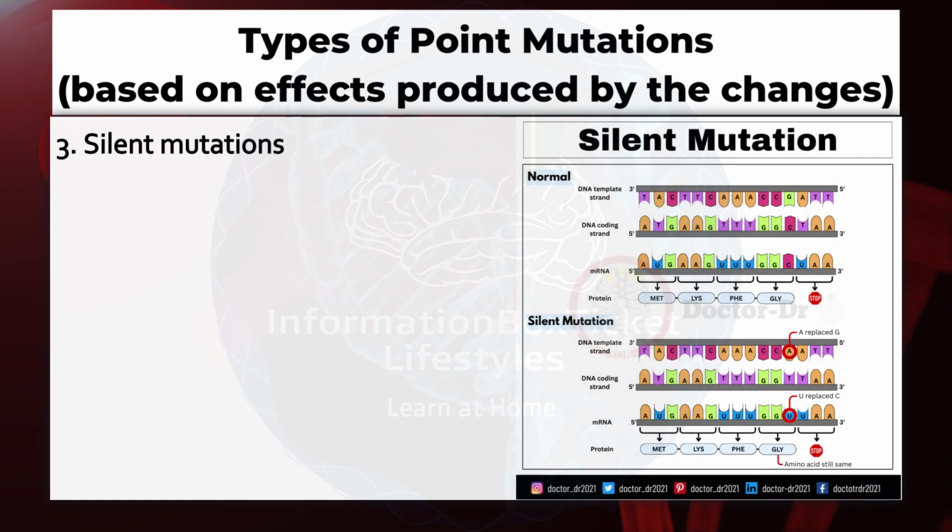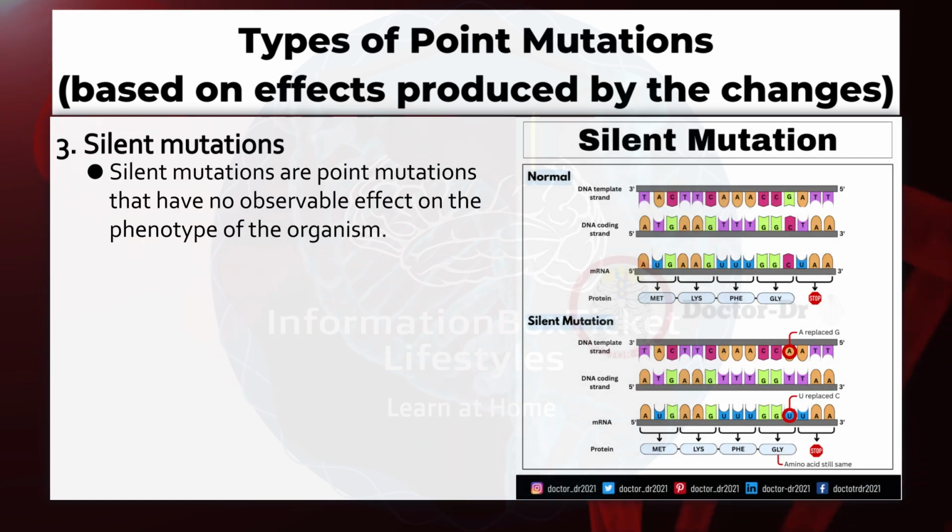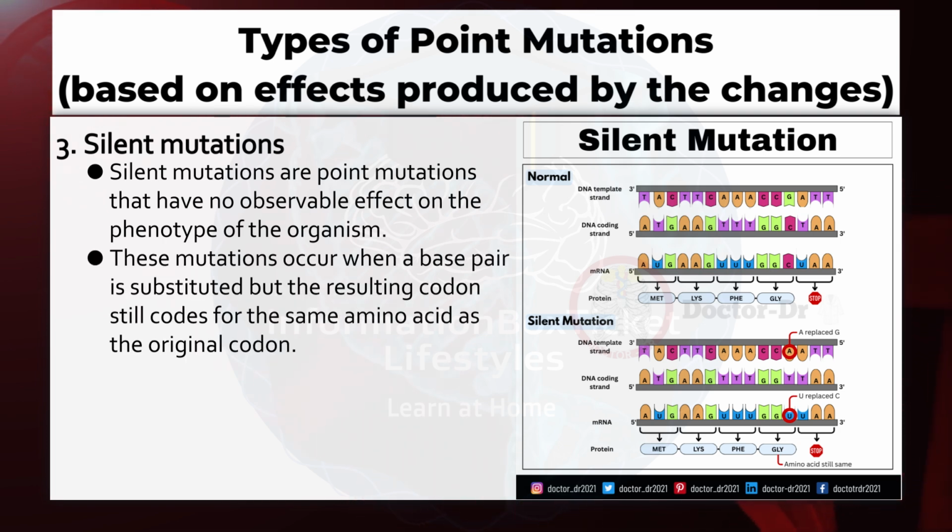Number 3. Silent mutations. Silent mutations are point mutations that have no observable effect on the phenotype of the organism. These mutations occur when a base pair is substituted, but the resulting codon still codes for the same amino acid as the original codon.